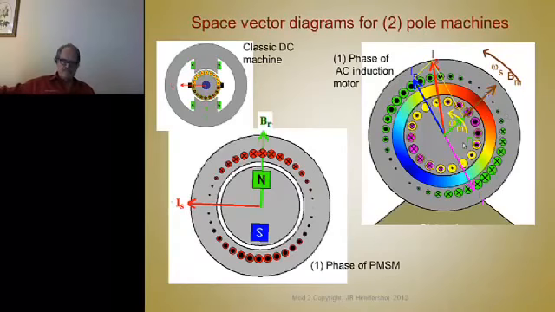And you notice here, what's interesting is you see these currents flowing into the screen and out of the screen.